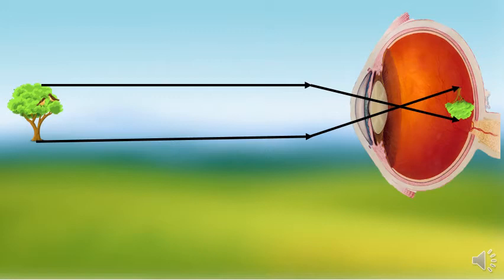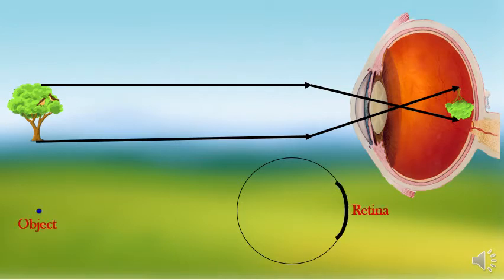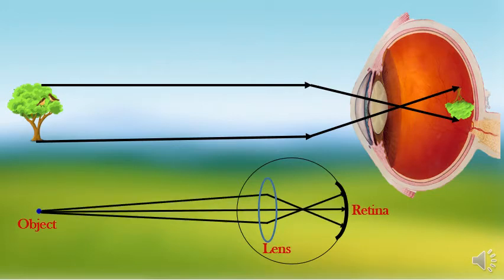Now whenever we draw such rays and we draw the figure, it is called as ray diagram. So let us see the ray diagram here. This is our eye, this is the retina, then there is object, then there is lens. If rays are coming towards the lens, then this is how the images form on the retina.